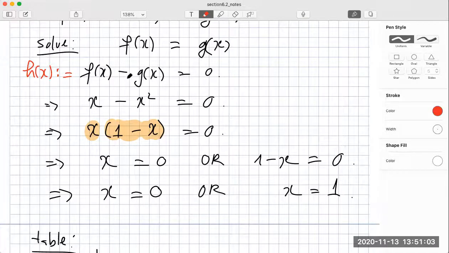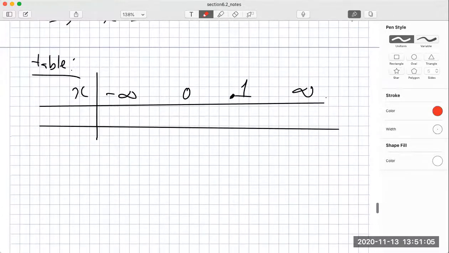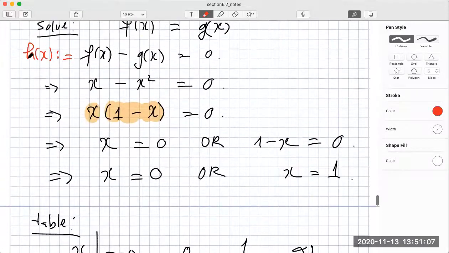Now for x in the domain from 0 to 1, the function h is this guy. This is a quadratic function which has two solutions. Therefore, in the interval between these two solutions, the sign will be the opposite sign of the highest degree term. And the coefficient in front of that is -1.